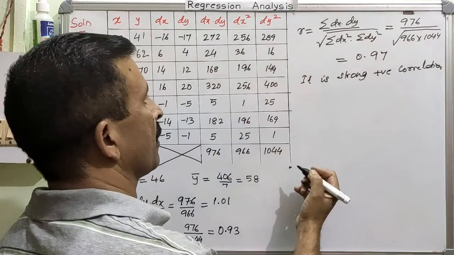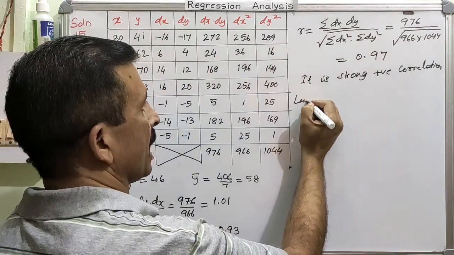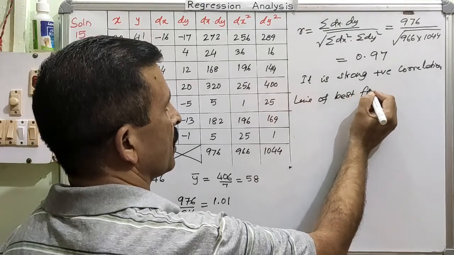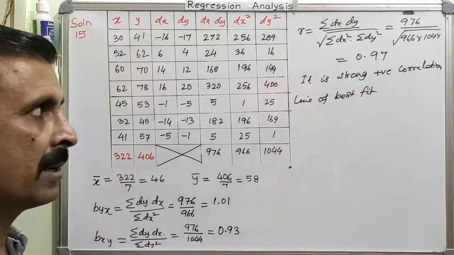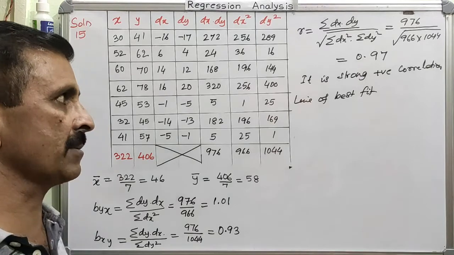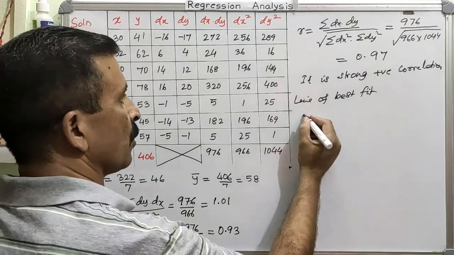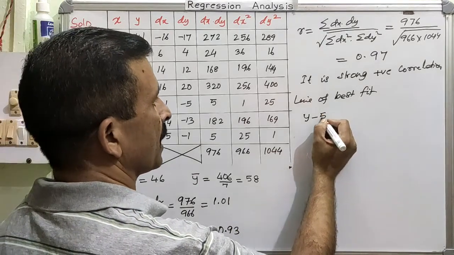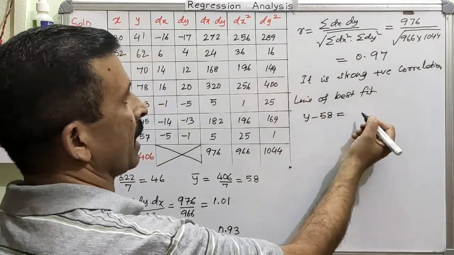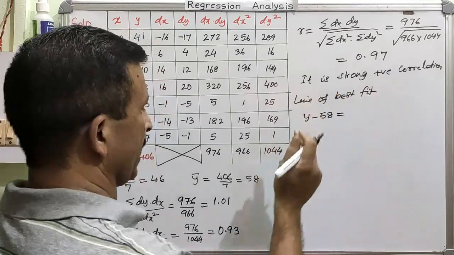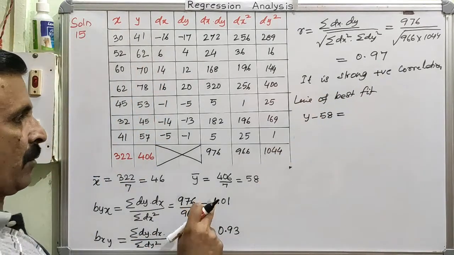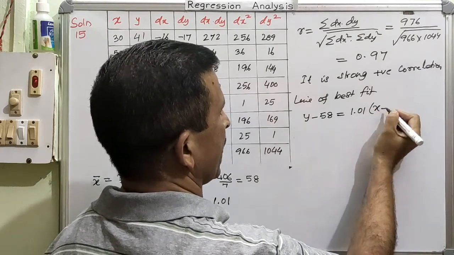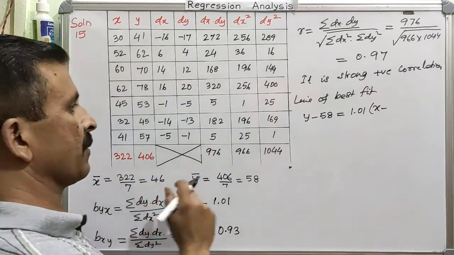Okay. Now we'll find the line of best fit. You know the formula: y minus y mean is equal to byx into x minus x mean. So y minus 58 is equal to byx, calculated 1.01, into x minus x mean, and x mean was calculated 46.